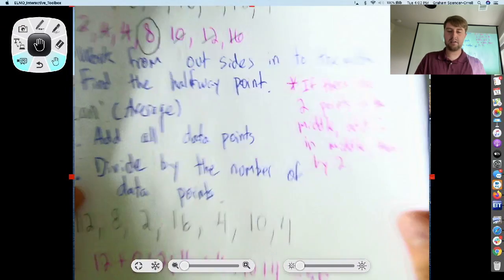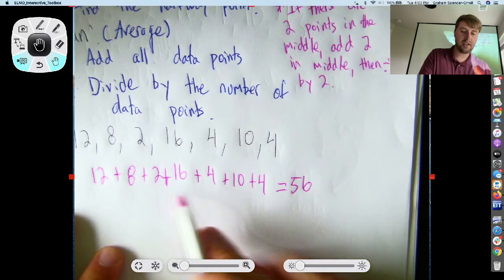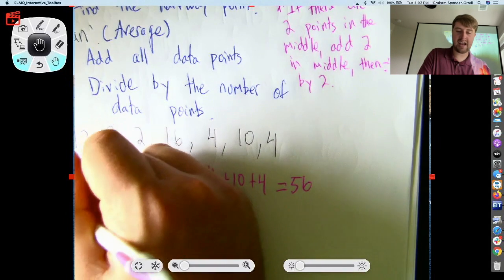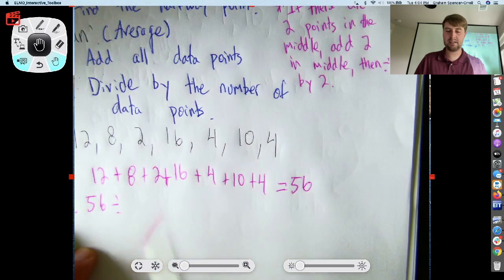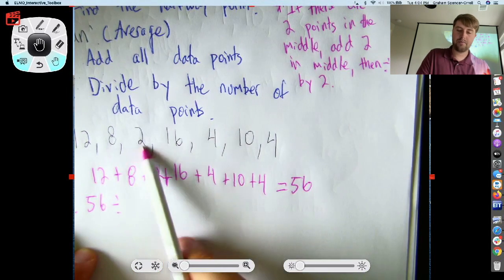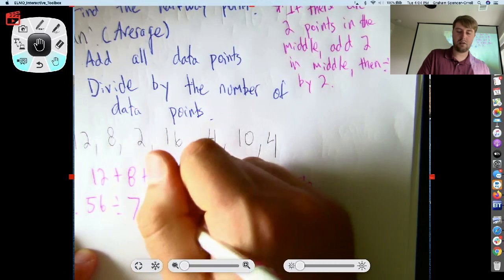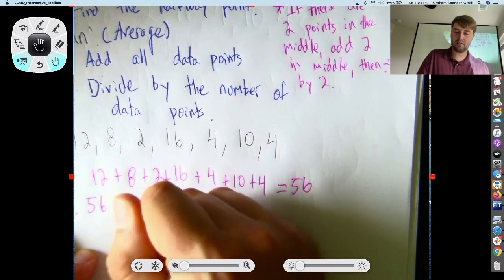Our second step is 56 divided by the number of data points. And there are 1, 2, 3, 4, 5, 6, 7. And 56 divided by 7 is going to be 8. So our mean equals 8.